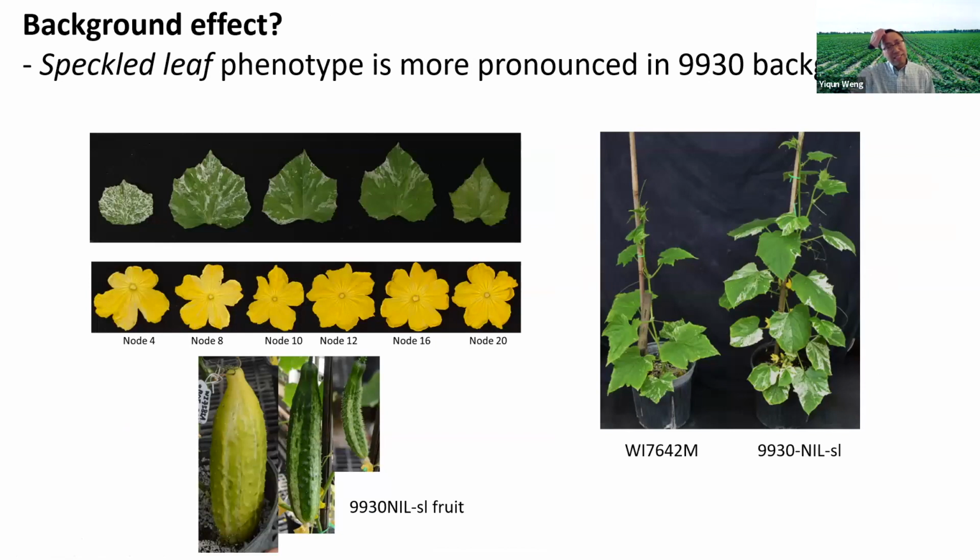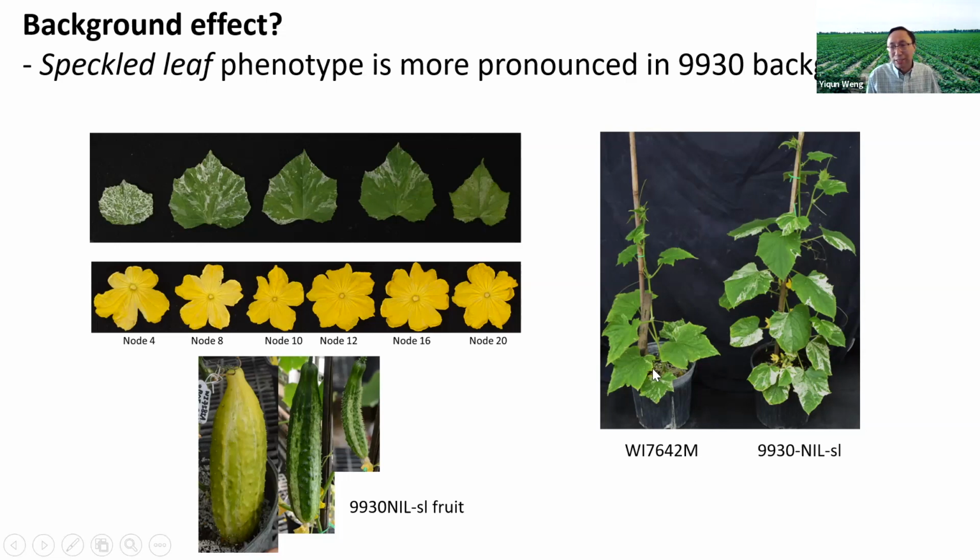That's for the disease resistance, but for the phenotype, we found some genetic background effect. If we introduce that mutant allele into another cucumber line called 9930, the symptoms of the mutant phenotype are much stronger. Usually in the original line, the chlorotic spots are gone when it reaches the fifth true leaf.